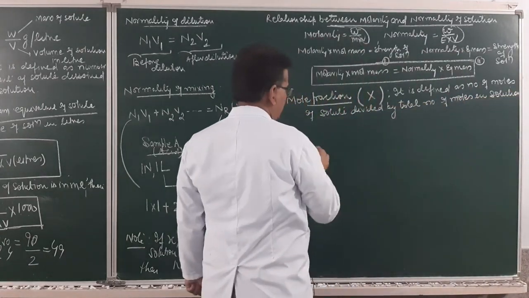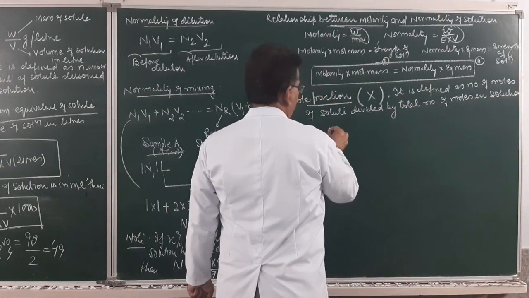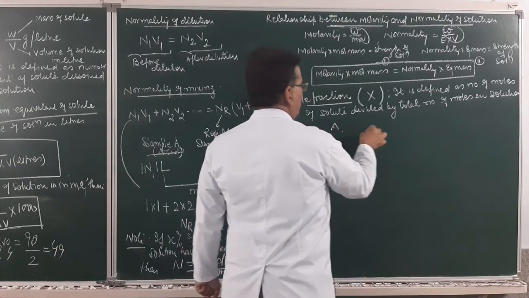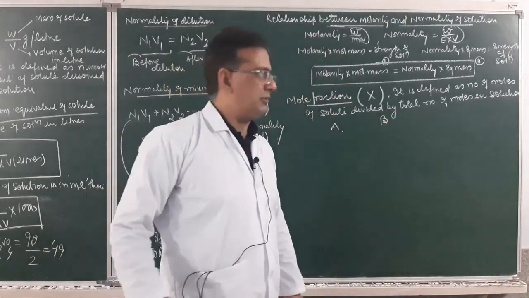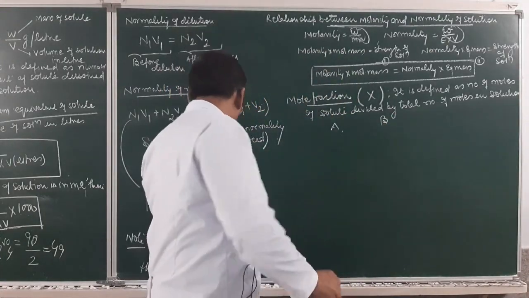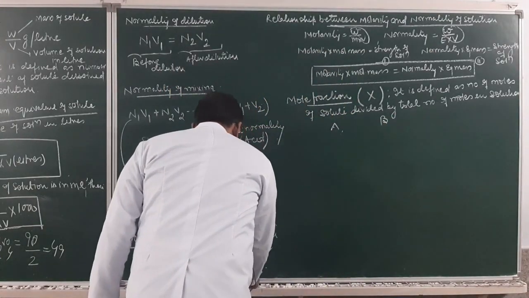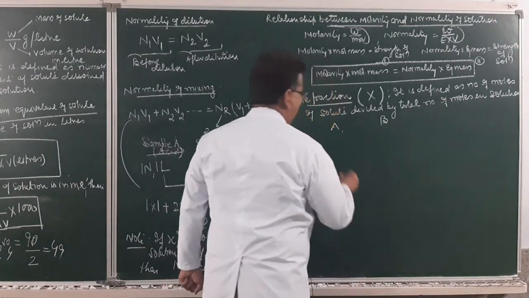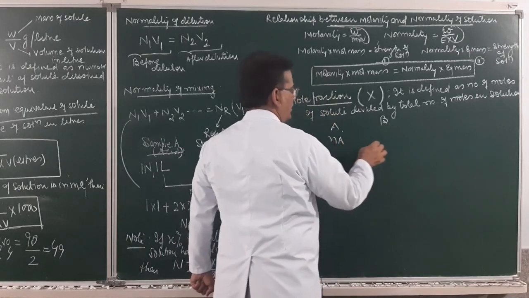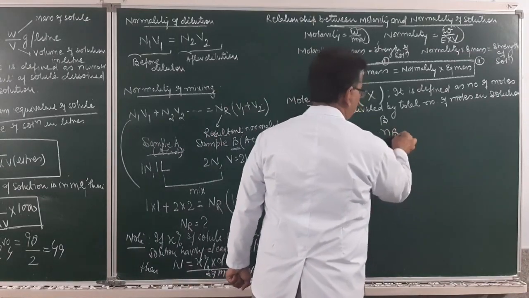Suppose we have a substance A and a substance B. Let me say the number of moles of substance A is Na and the number of moles of substance B is Nb.